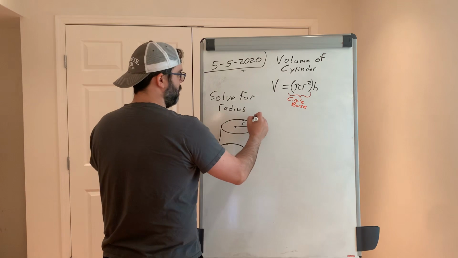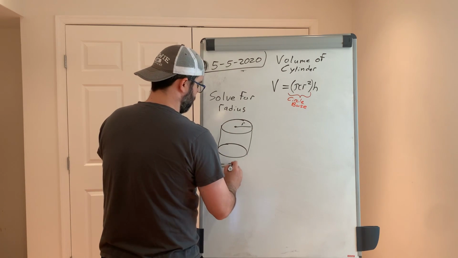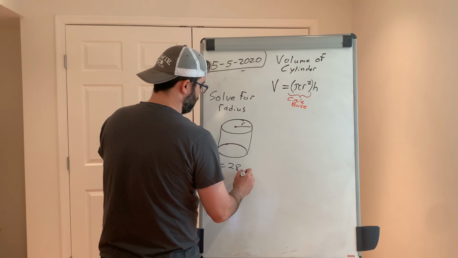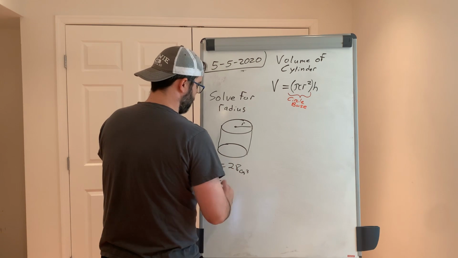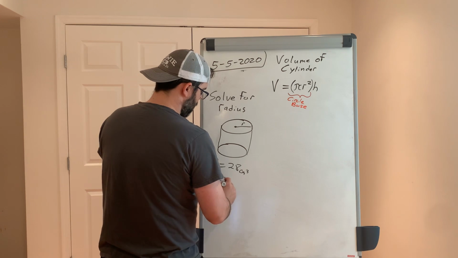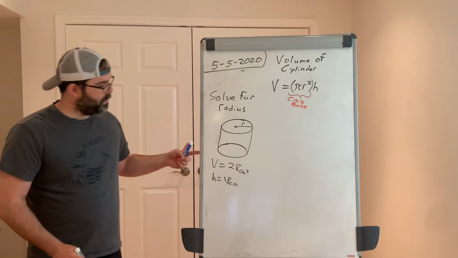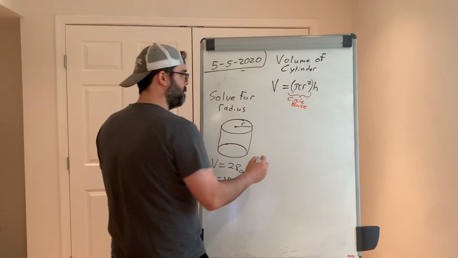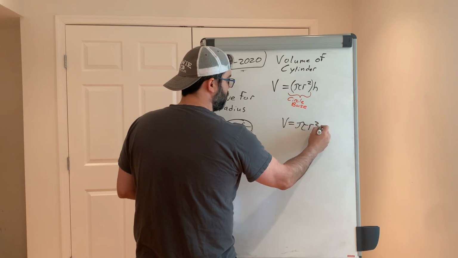Let's say the volume is, let's go with 28 centimeters cubed. Let's say that the height is 18 centimeters. So if we're given the volume and the height, we got to solve for the radius. So here's how you do it. You set up the same formula. Volume equals pi r squared height.